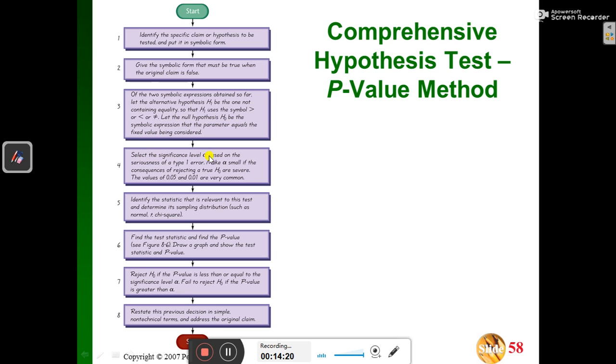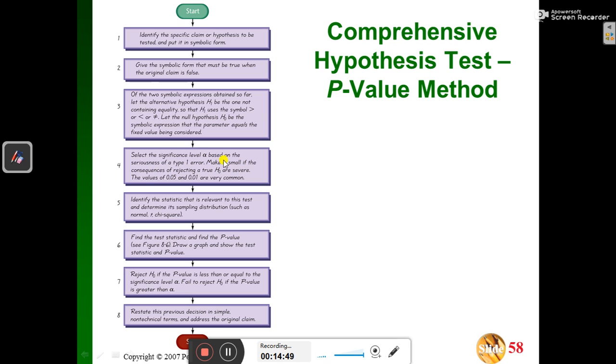Select the significance level alpha based on the seriousness of a type 1 error. Depending on the type 1 error, you fix the alpha level, and make alpha small if the consequences of rejecting a true H0 are severe. So if a type 1 error creates more problems, then fix a small alpha level.